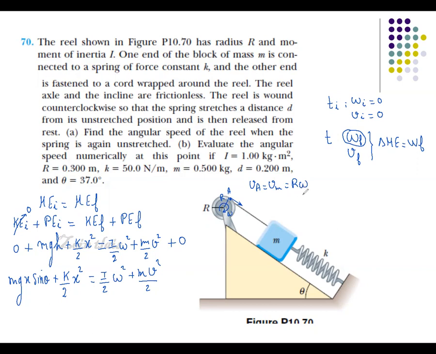So we can substitute the value of V equals to R times omega, so v square equals to R square omega square. Here we can calculate the value of omega.